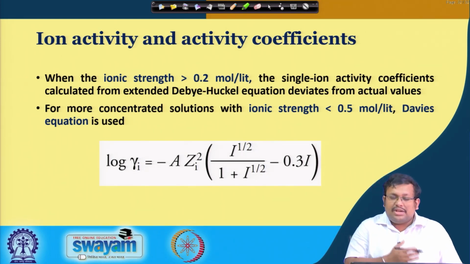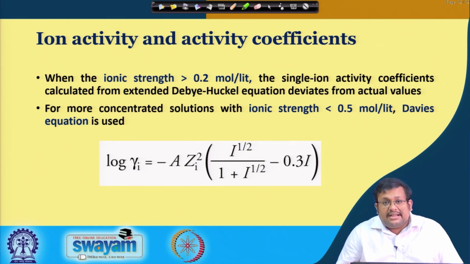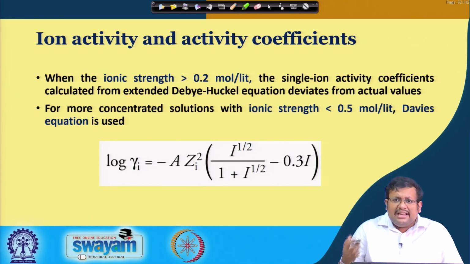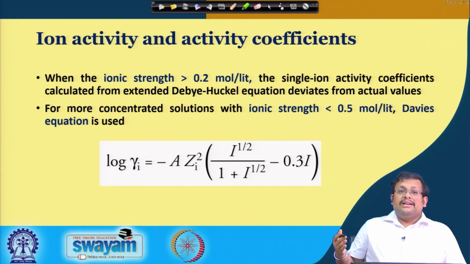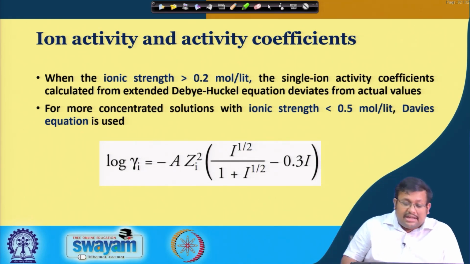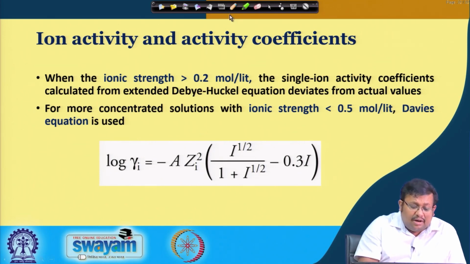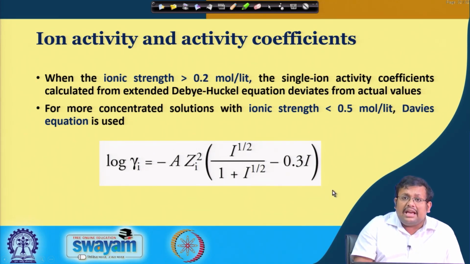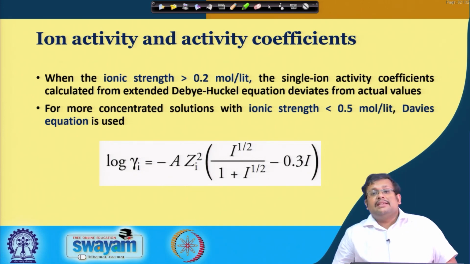However, for more concentrated solutions with ionic strength less than 0.5 mole per liter, we generally follow the Davies equation, which takes the form: log of the activity coefficient equals minus A Zi squared, times I to the power half over 1 plus I to the power half, minus 0.3 I, where I is the ionic strength, A is a constant, and Zi is the valence or the charge.